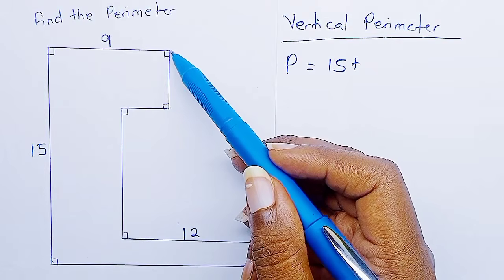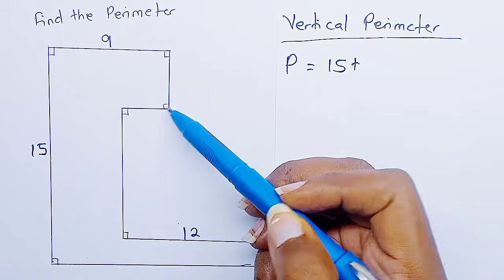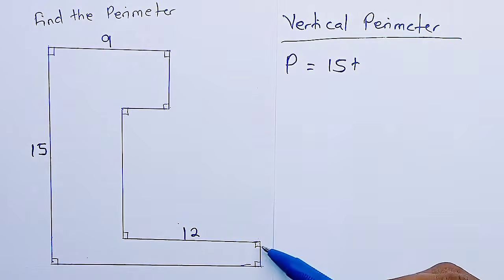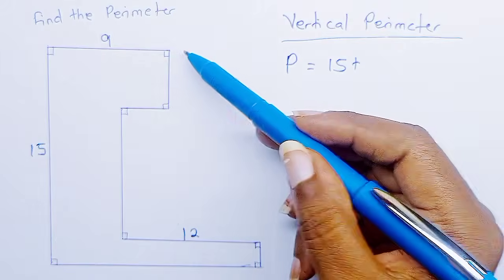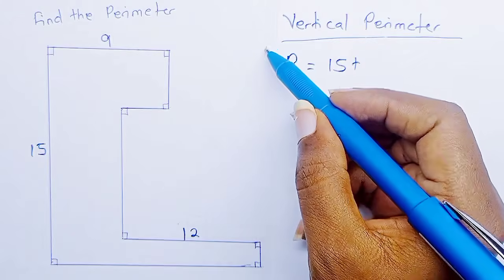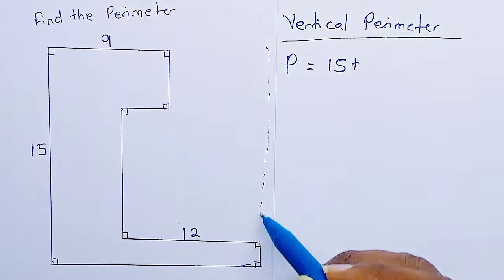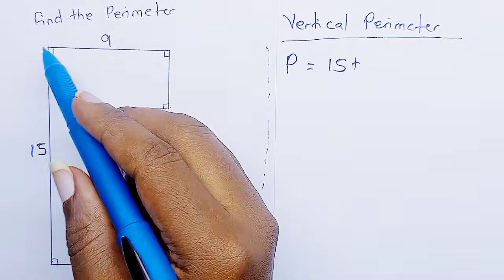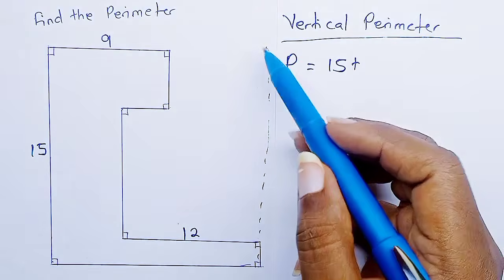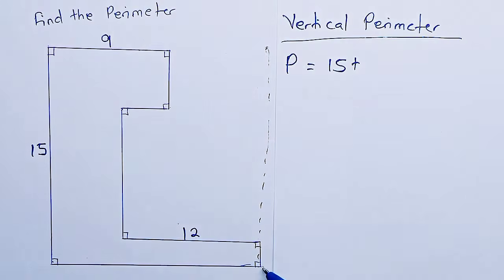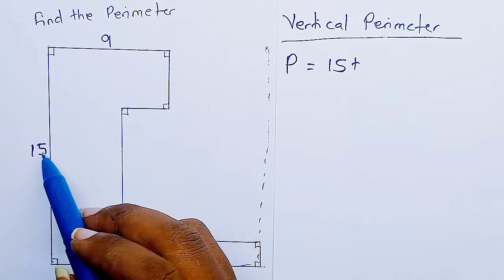we know that if we combine this side plus this side plus this side, the whole length from here should be equal to this side, 15. So from the top here to the bottom is equal to 15.